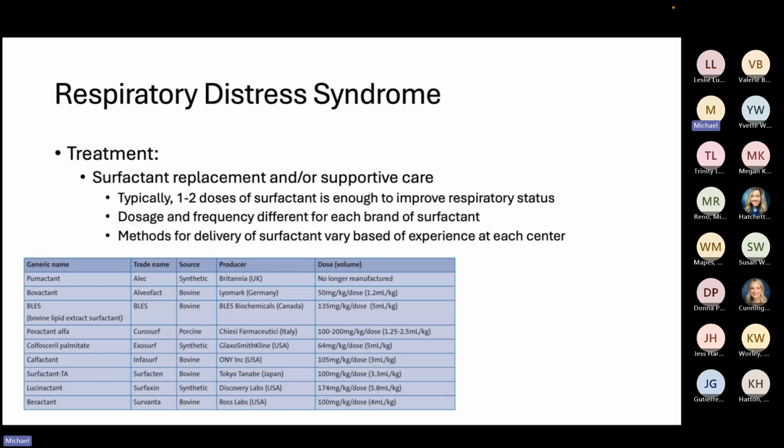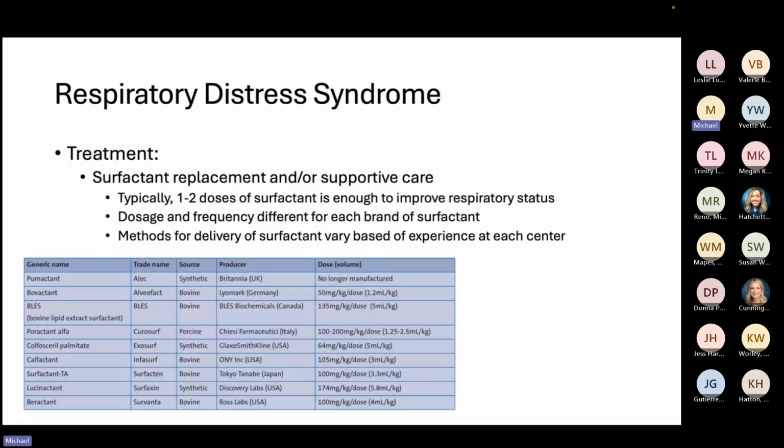There also seems to be a difference in the manufacturing process, specifically because the surfactant proteins within the different types of surfactant or different manufacturers are not actually created equal. And so there seems to be somewhat better efficacy of the surfactant when using CuraSurf or Infasurf compared to Survanta.